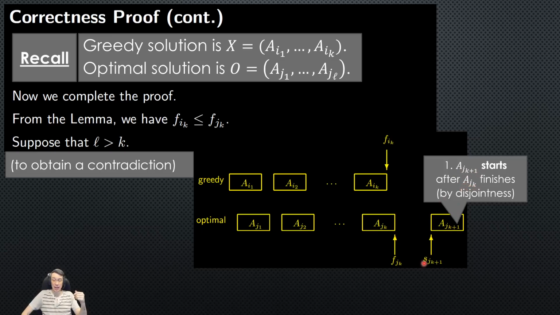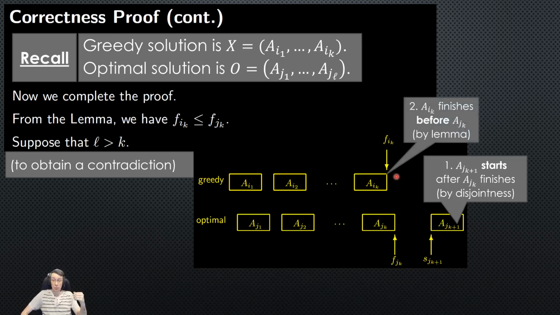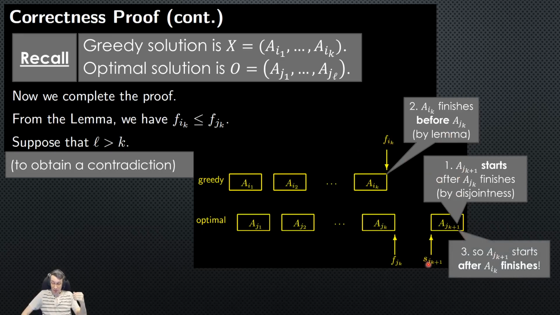So the start time, SJK plus 1, has to be greater than or equal to this finish time, FJK. And we know from our lemma that FJK is greater than or equal to FIK. So the start time, SJK plus 1, is greater than or equal to FIK. Sorry, I didn't pop these boxes up at the right time. So this thing starts after this finishes, and this finishes after this finishes, or at the same time as this finishes. So this has to start after this finishes.